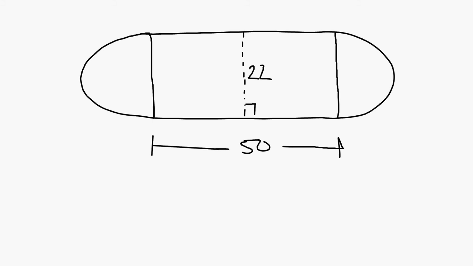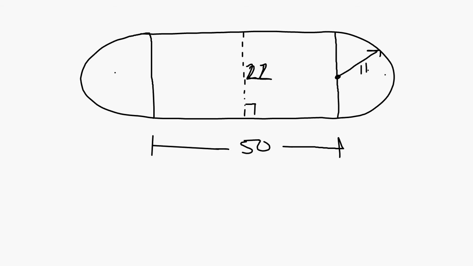Aren't these semicircles the same size as each other? So can't you just find the area of one circle? All right. What's the radius of this one circle? What's the diameter of that one circle? 22, isn't it? Yeah, 11. It's given right here.